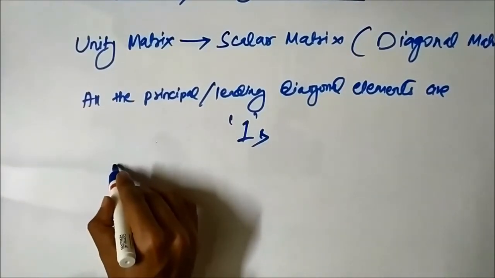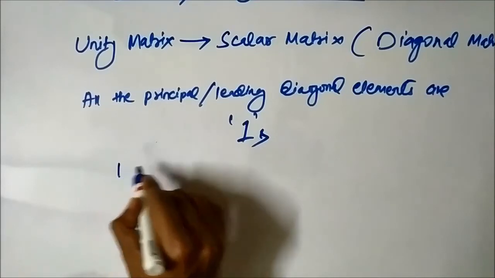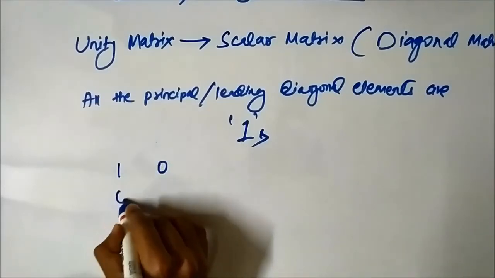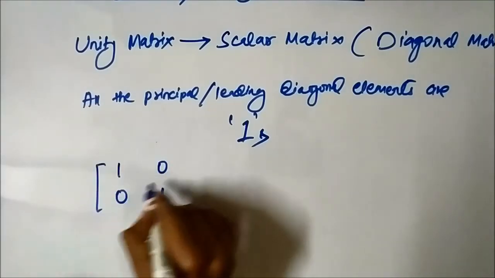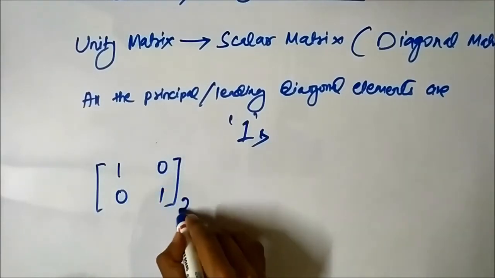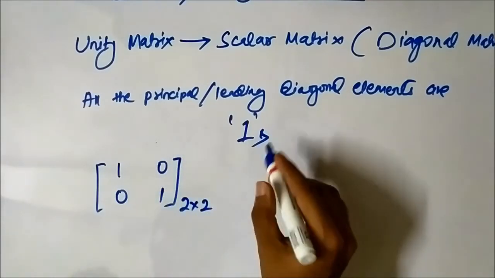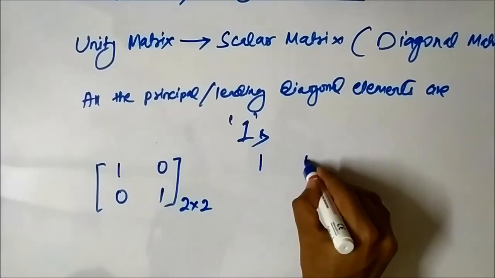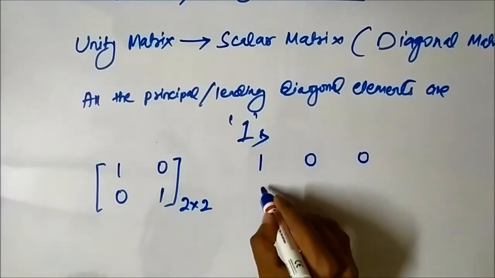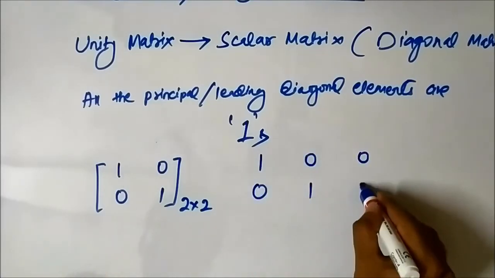A unity matrix of order 2 is given by this 2 cross 2 unit matrix. Similarly, a 3 cross 3 unit matrix can be written as this.